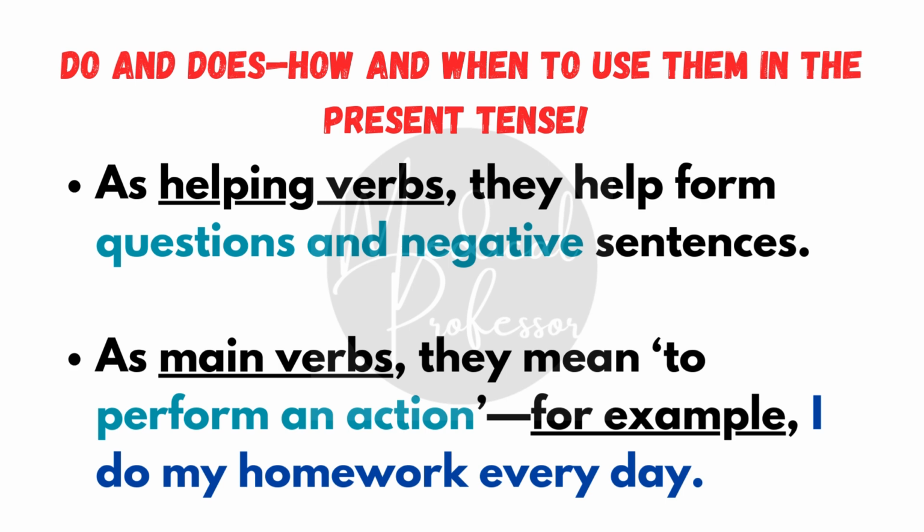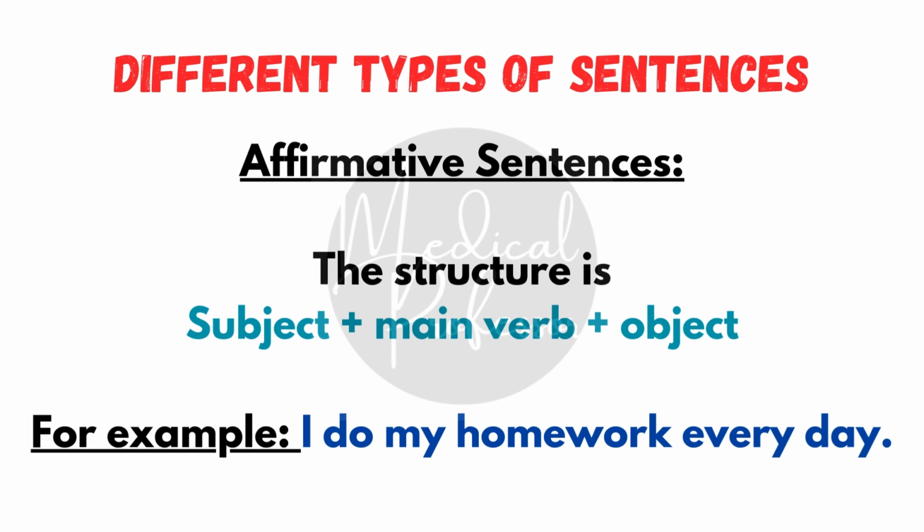For example, I do my homework every day. Now let's look at how to use them correctly in different types of sentences. Number one, affirmative sentences. The structure is subject plus main verb plus object. For example, I do my homework every day.